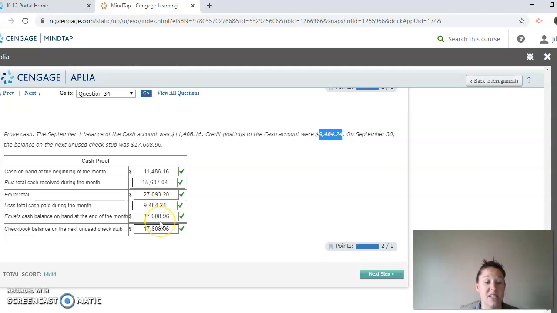That's going to give us $17,608.96. Our checkbook balance is that same amount. That is proving cash, making sure that our records match what our accounts say in our journals, okay, and in our ledger. So right there, we just proved cash.